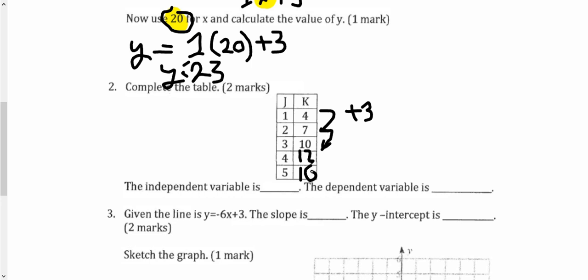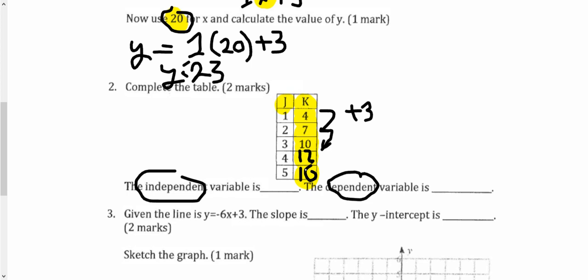But the question asks about the independent variable and the dependent variable. Well, what does that mean? Here I've got J and K. Which one is independent and which one is dependent? You can think of it this way. The reason the 4 and the 7 and the 10 and the 13 and the 16 changed was because we were at different J's. So K depends on what number J is at.